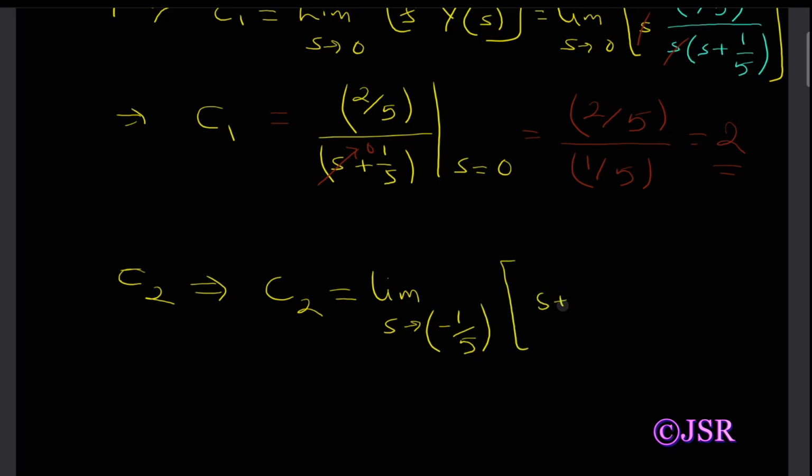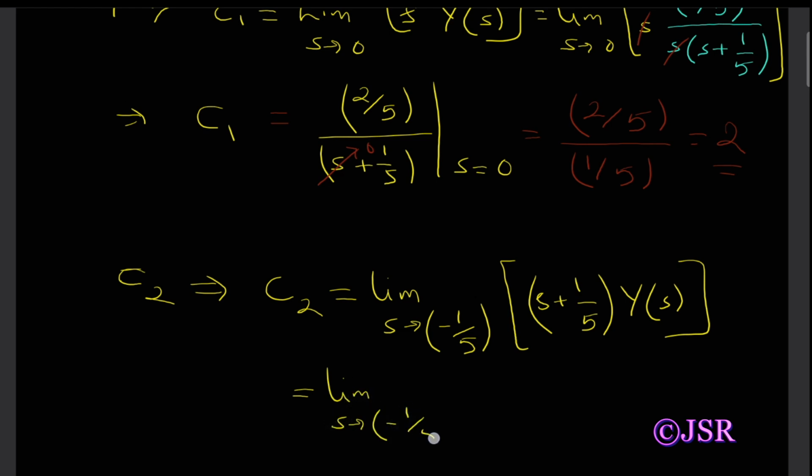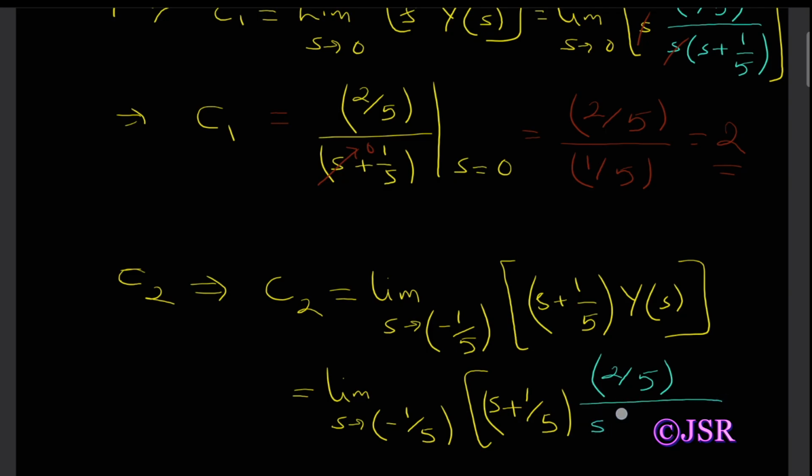The coefficient of C2, that is s plus 1 by 5 times Y(s), and here we will have limit s tends to minus 1 by 5, s plus 1 by 5, and here we have 2 by 5 upon s plus 1 by 5.